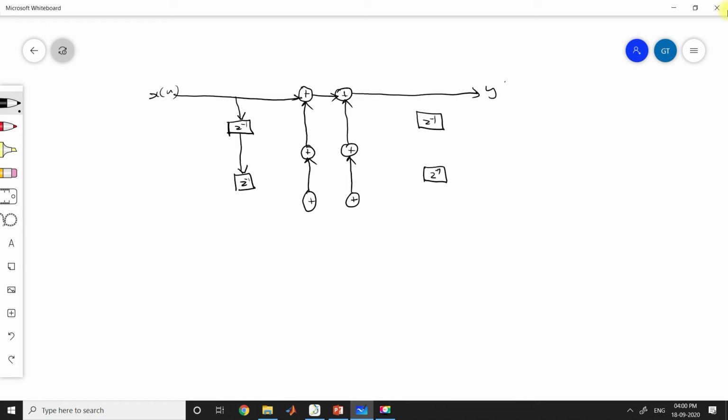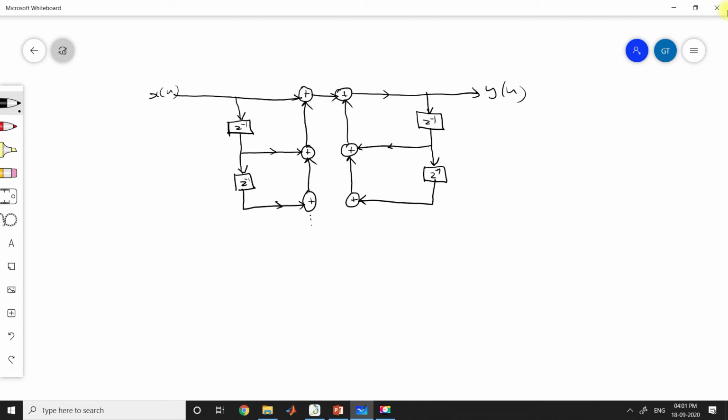Then from the output, give the delays. Then from the middle, draw one. Similarly, from the other side, draw this one. Then draw like this.